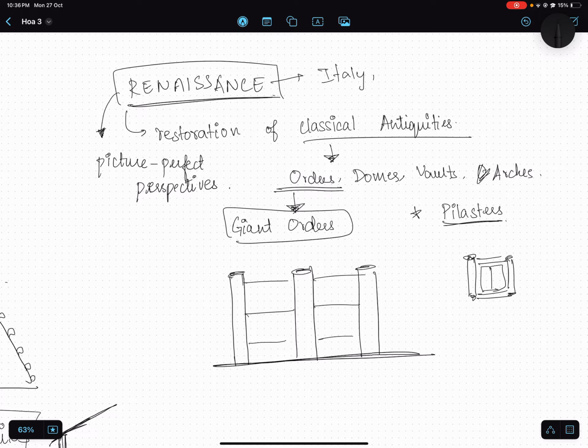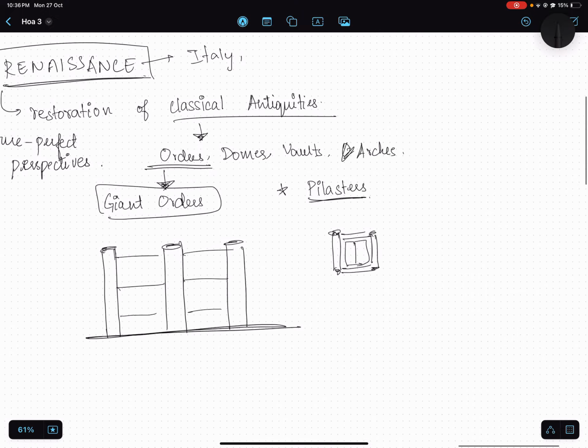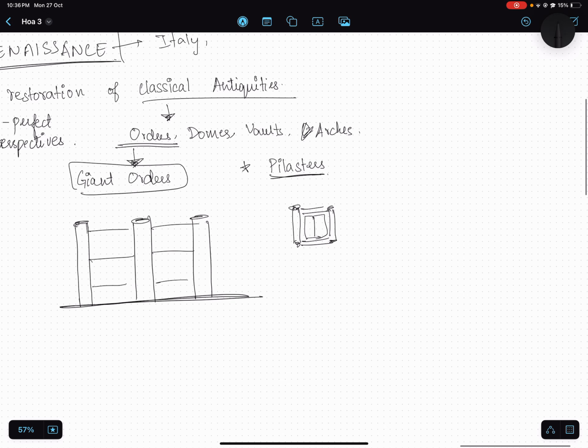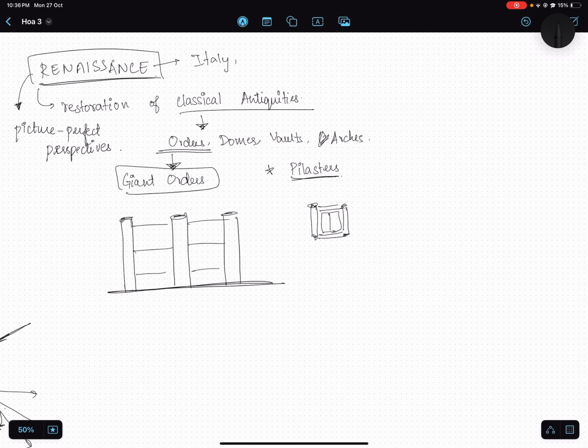That is, your entire building can be viewed from one particular point. So they had that, and that was about Renaissance architecture.